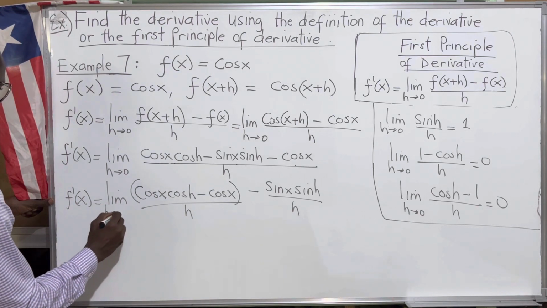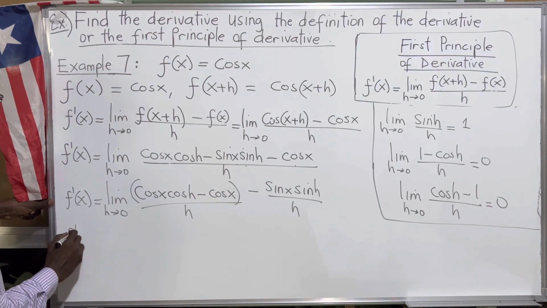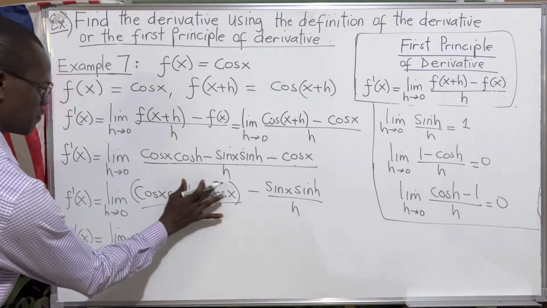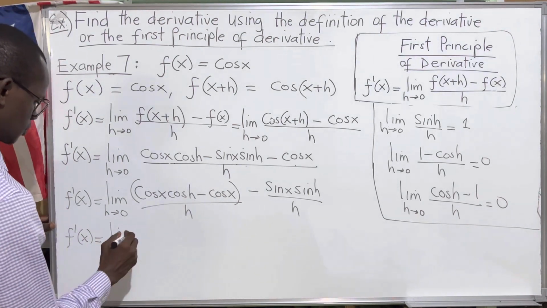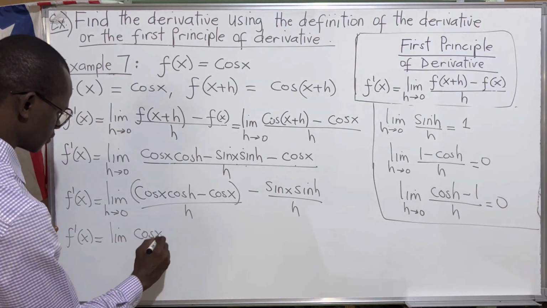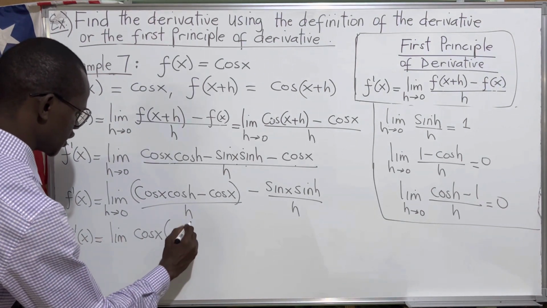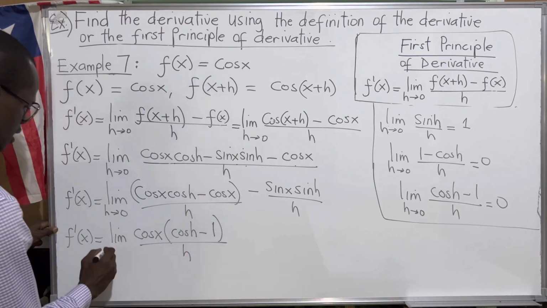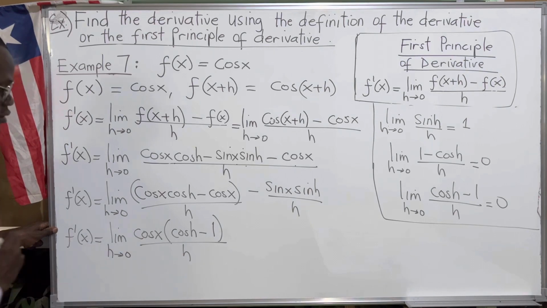So we can decide to take the limit of the first expression, but we can factor out cos of x. We'll be left with cos of h minus 1 all over h as h is approaching 0.